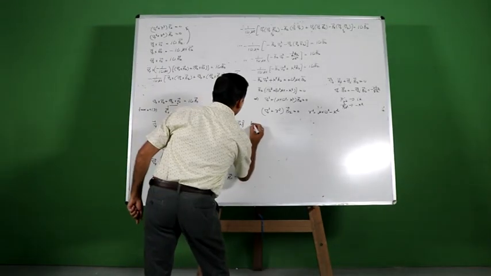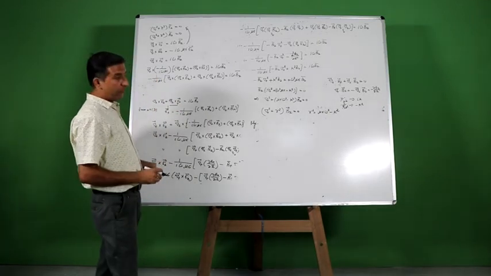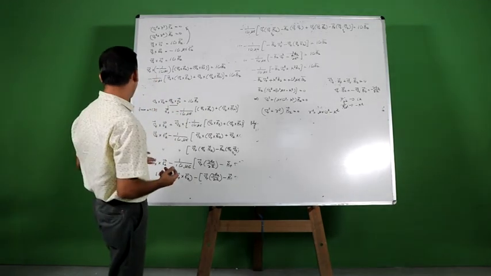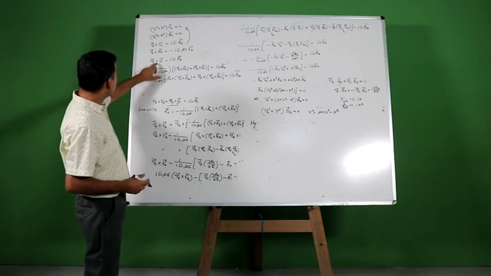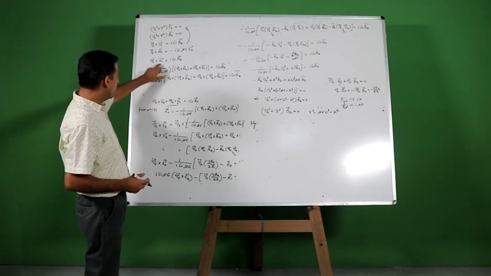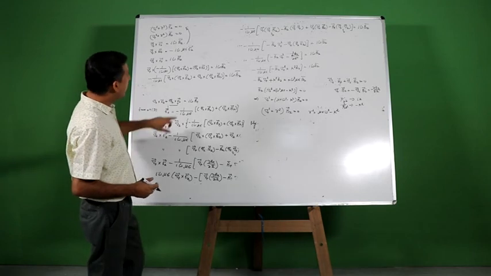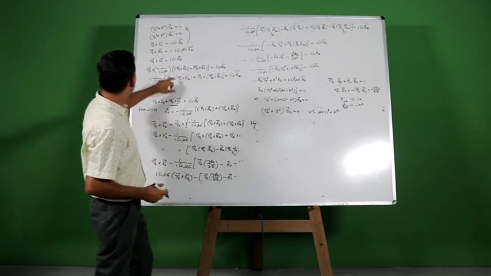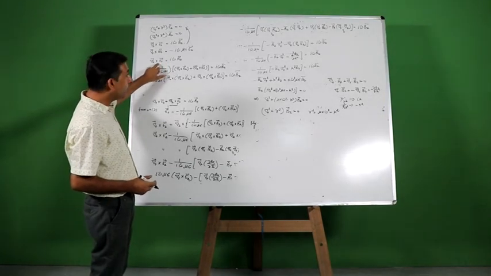Similarly, we can find out the differential equation for the other axial component. That can be calculated from the second equation, substituting the value of Et here. Here we have substituted the value of Bt, but now, when you choose this equation, you have to substitute the value of Et.